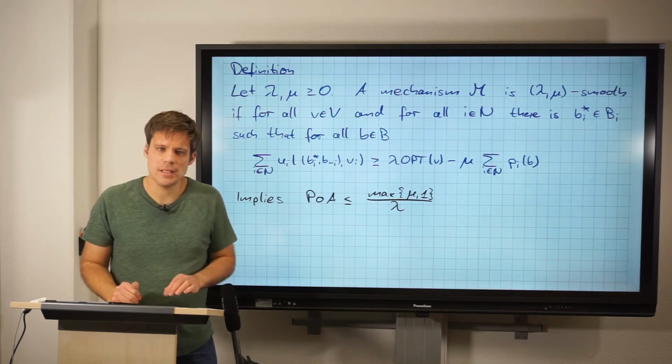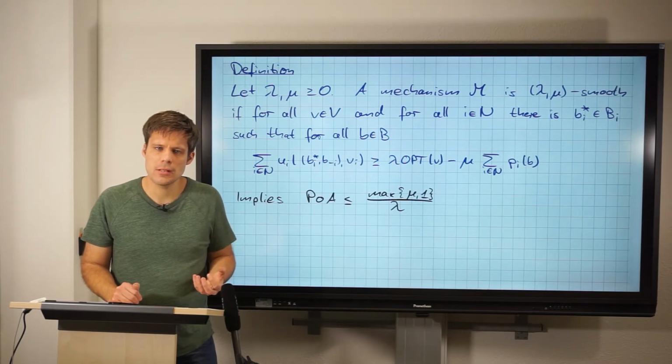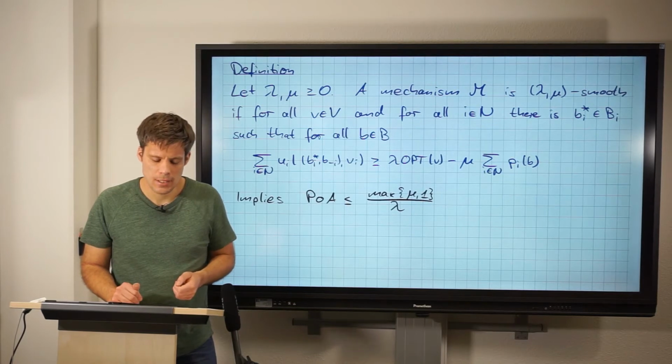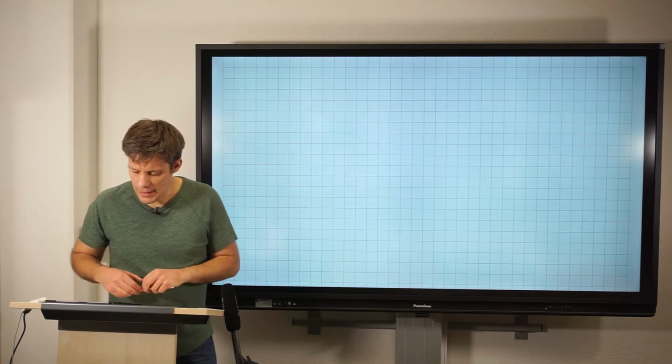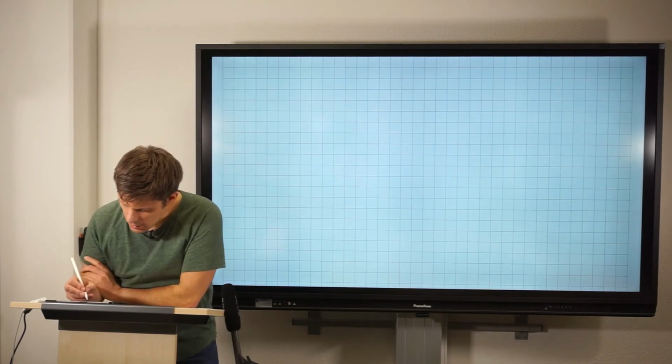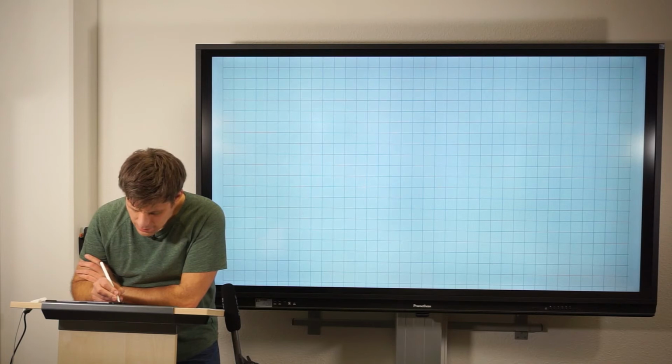So this is an indirect mechanism. The bids that you're posting aren't actually your true valuations. Let's see how we could design this and how we could express this more formally.